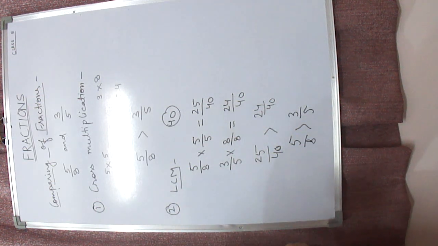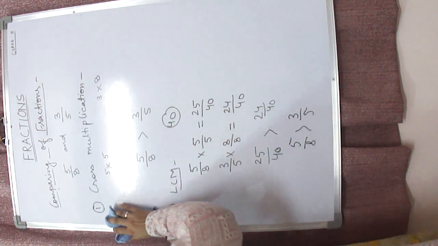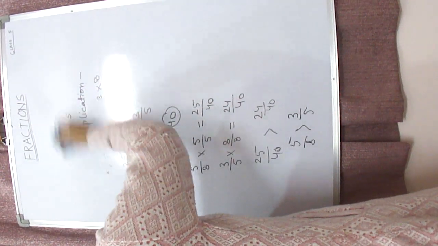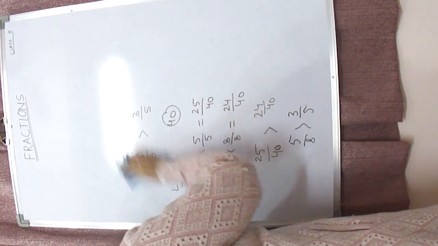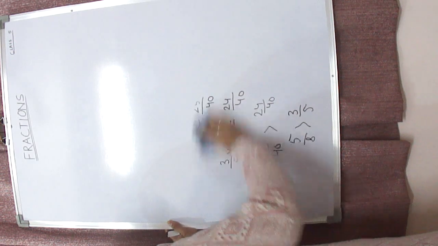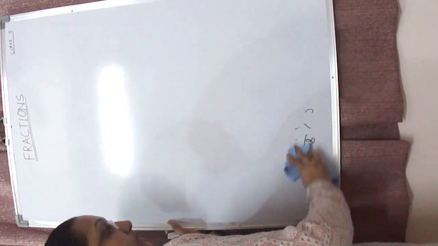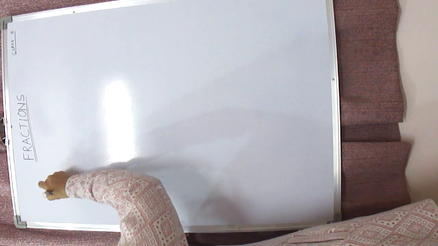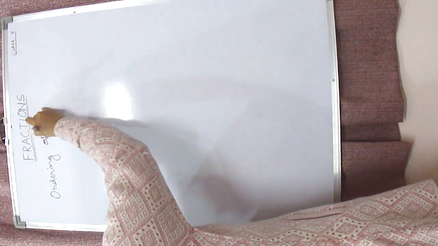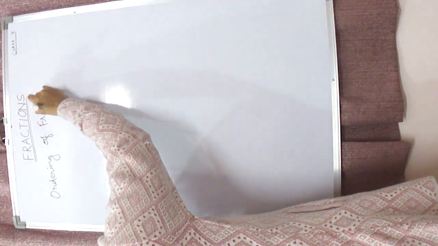Now let's move to the ordering of the fractions. Here we have compared the fractions. Now let us move to the ordering of the fractions. What is ordering? Ordering, we know that it is either arranging them into the ascending order or arranging them into the descending order. Ordering of fractions.